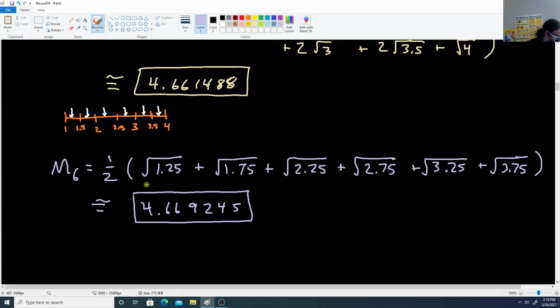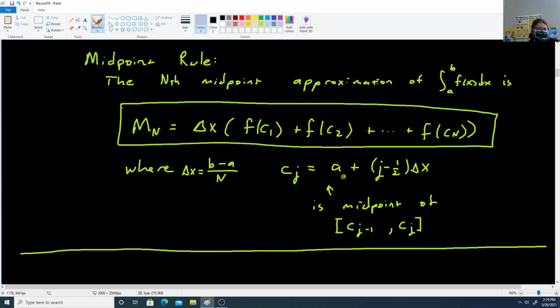If these have a more complicated, maybe it's like 12 bars and you can't really tell where things are going to be, then you do have to use the equation, and you plug a as 1, and then you'd let j start at 1, then it would become 2, then 3. You'd subtract it by half and multiply it by the delta x, and you can then take the square root of that mess.